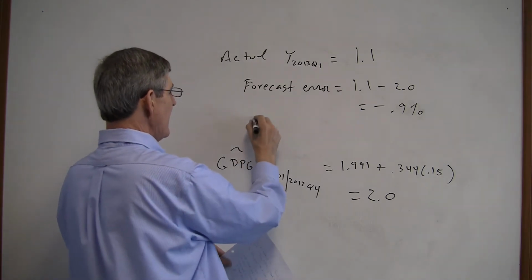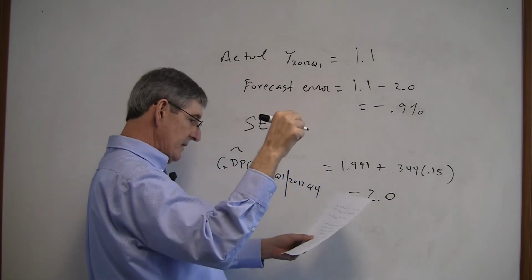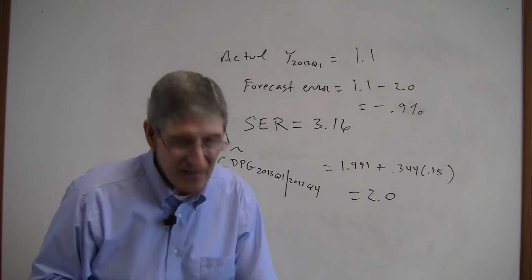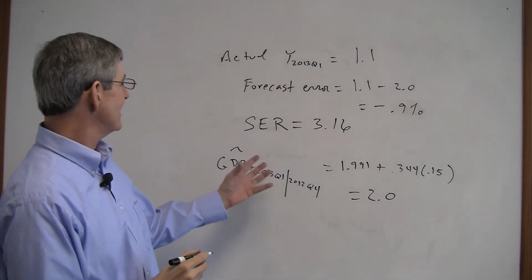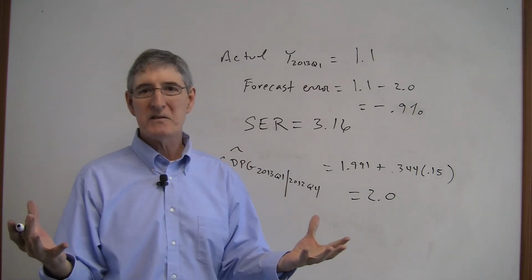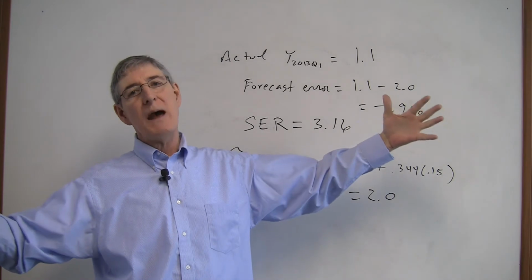Now the standard error of the regression that comes out of this when you estimate it is 3.16. That's like saying that one standard deviation around the mean, you have plus or minus 3% in your forecast. That's a huge band.